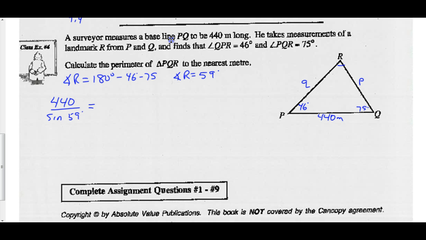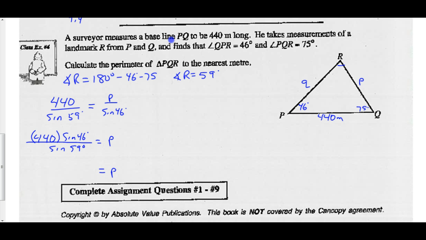Let's start with P. To find side P, that would be side P over the sine of angle P, which is 46 degrees. So to solve for P, I should multiply both sides by the sine of 46. So 440 times the sine of 46 degrees divided by the sine of 59 will equal little side P.